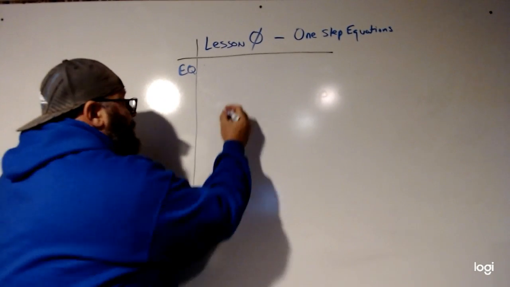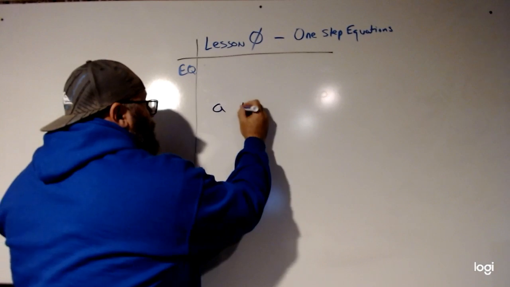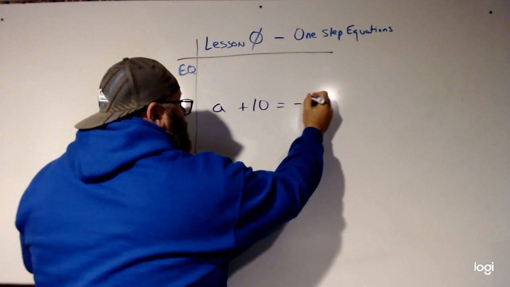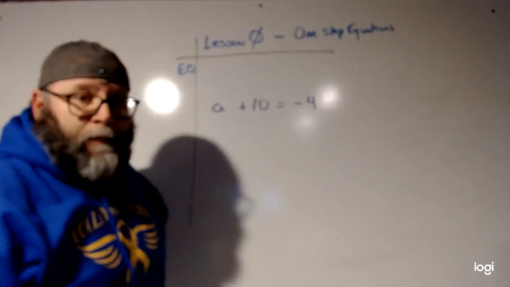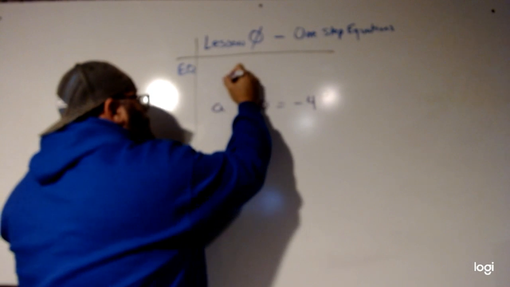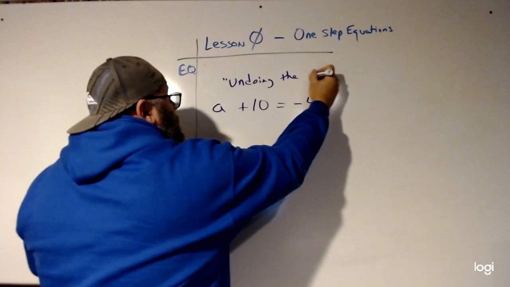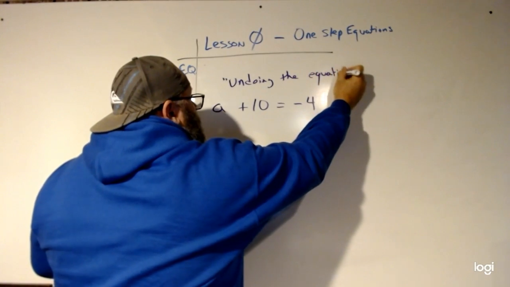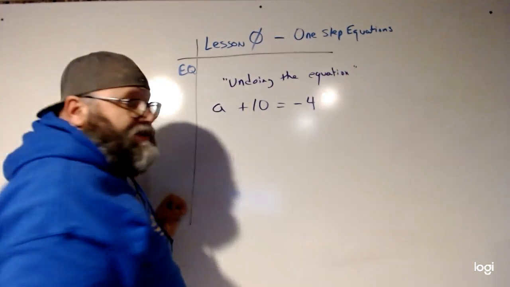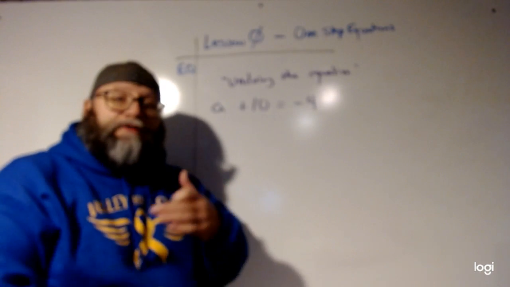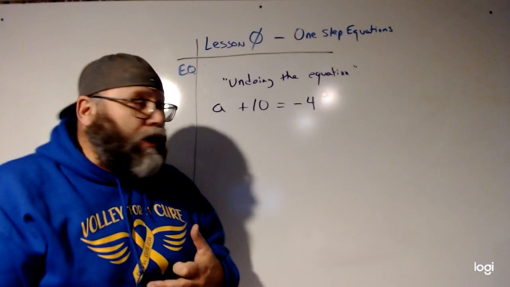So first example here is this. I've got a plus 10 equals -4. Now don't forget what we're doing. We are undoing the equation. So anything we see, we have to do the opposite of to take it apart.